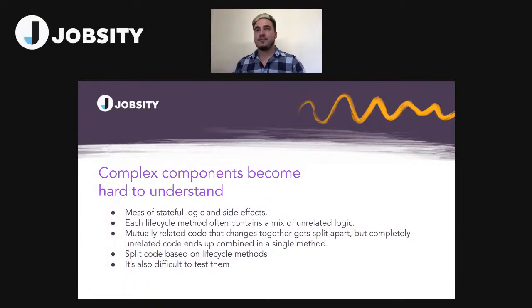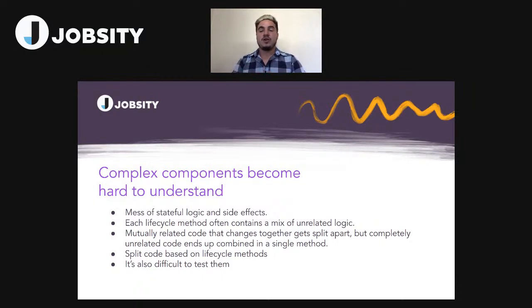Okay, let's continue. So if you ever work with React and class components, you will know that if you have a very big component, sometimes it could be a little bit messy. For example, if you have different logic in the same component, sometimes you have to split it, put it together.